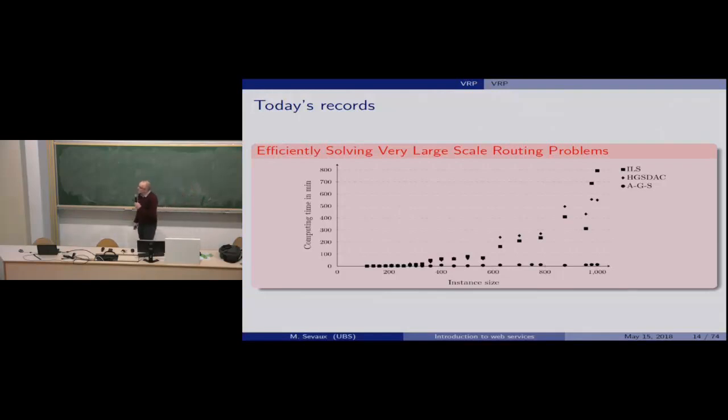He talked about solving the very large-scale CVRP. This is the type of solutions. This is computational time in minutes on the left, and instance size. You see that for an instance of size 1,000, one of the best solutions before the work of Kenneth Sorensen needed between 600 and 800 minutes, and today the resolution time is closer to a few minutes.